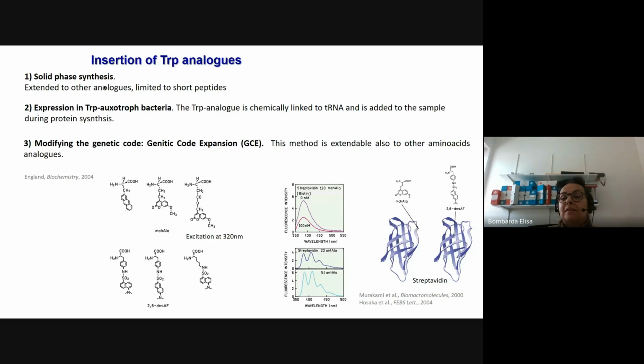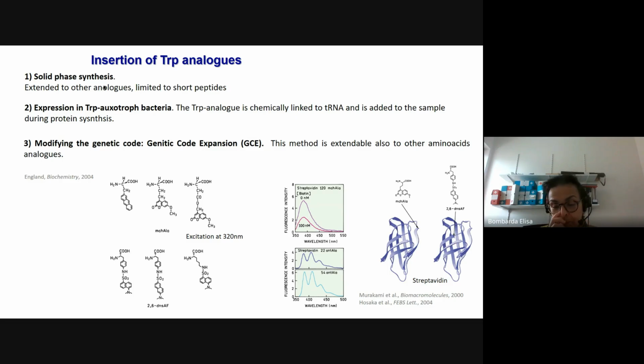And so then the tryptophan analog is chemically linked to the associated tRNA and is added to the sample during protein synthesis. As we saw just before, the tRNA brings this fake, let's say, amino acid, but with the code of tryptophan. There is no problem with the mistake, because these bacteria cannot make it by themselves.